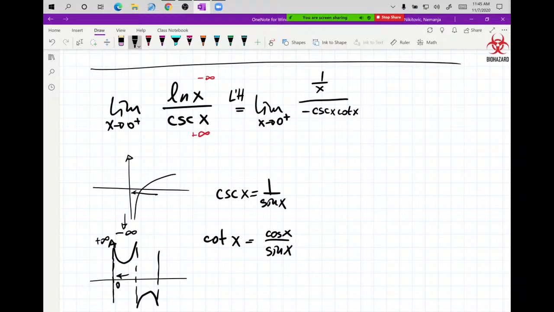That will mean that we have to remember to copy this limit all the way to the last step. So that means that we have a situation where we have negative cosine x divided by sine squared x.